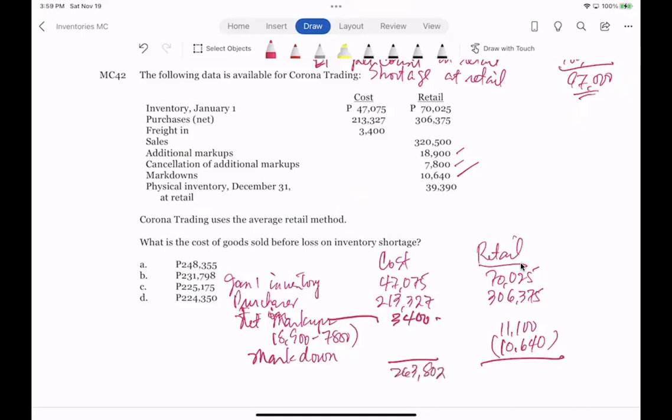Check again. Okay, so that's 263,802. At retail, that's 70,025 plus 306,375 plus net markup 11,100 minus 10,640. So this is 376,860.